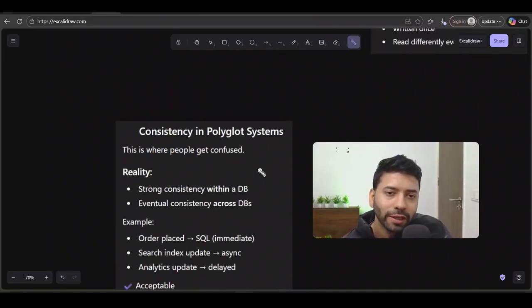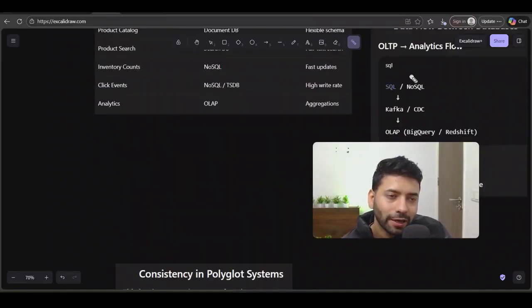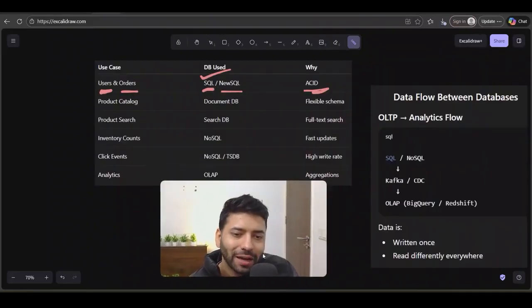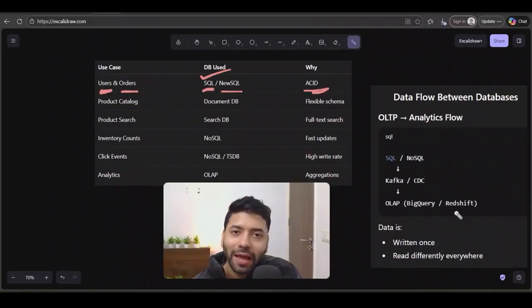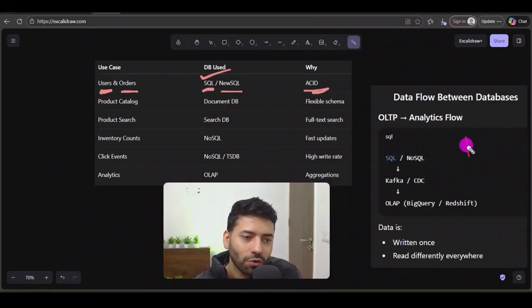Okay, one more thing: when I said data flow, it doesn't mean that each of the databases will have the data, because that's not what we want. For example, if you are using both SQL and NoSQL, for one of the features you will use SQL, and for another feature you may be using NoSQL.